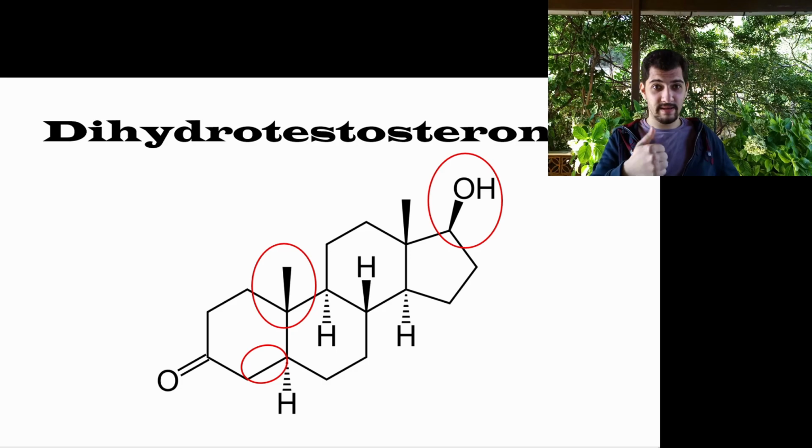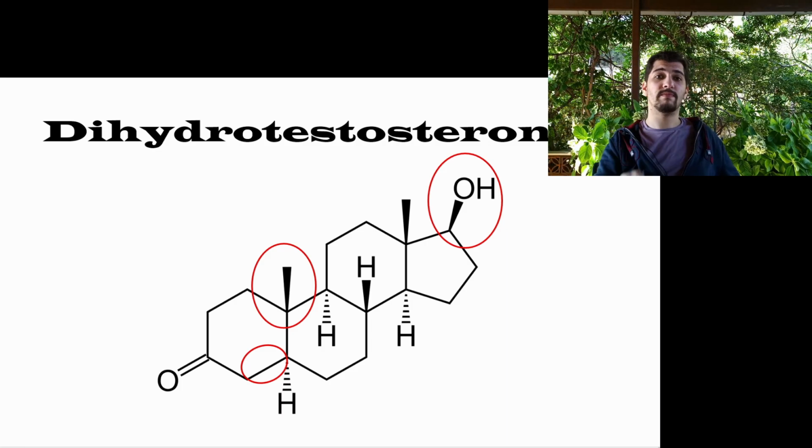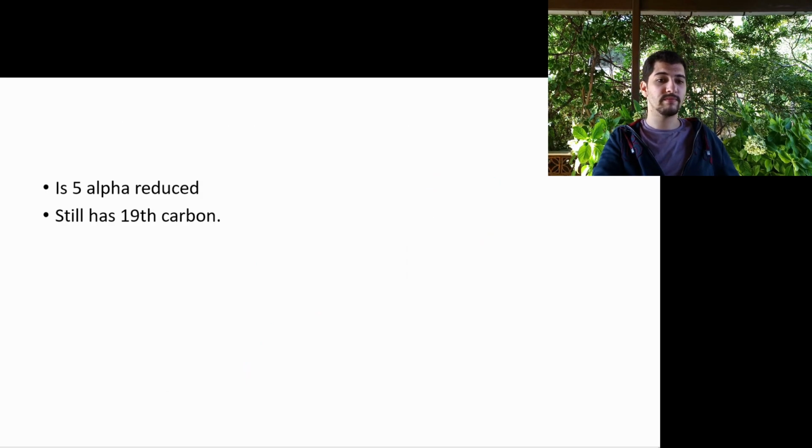They still have the methyl group on the 19th position, and also they still have the carbon atom on the 19th position. And you can tell that this molecule is an injectable molecule while looking at the 17th position, which tells you it doesn't have a methyl group on the 17th position either. So it is an injectable dihydrotestosterone derivative, or dihydrotestosterone itself.